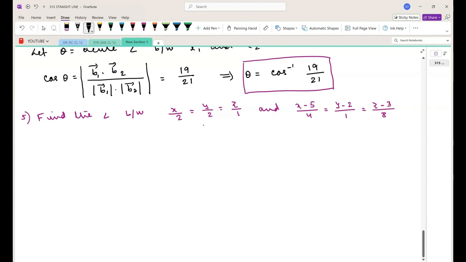Again, suppose this is my line 1, L1, and this is my line 2, L2.